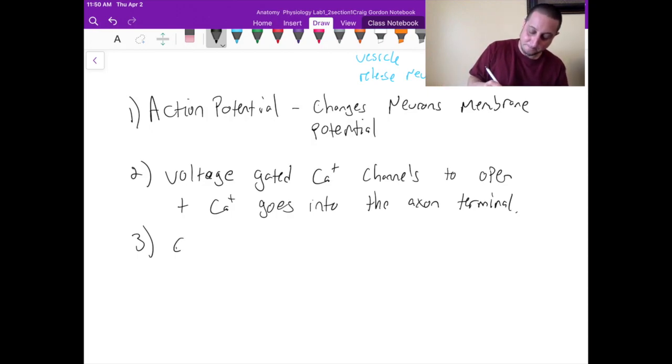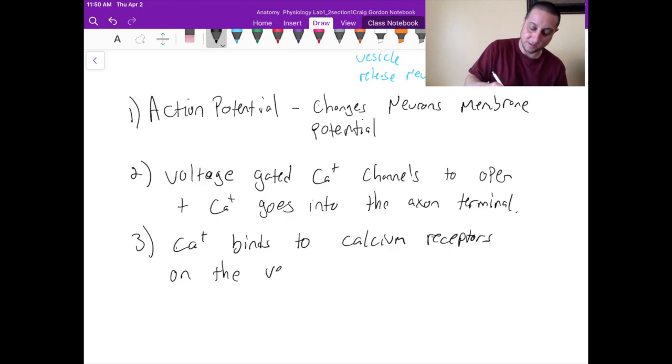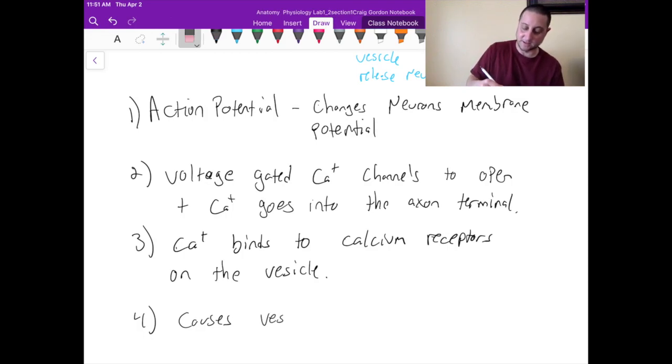All right, step 3. Calcium binds to calcium receptors on the vesicle. Spelling vesicle wrong. That binding causes exocytosis of the vesicle.